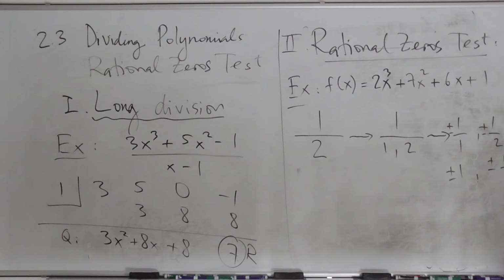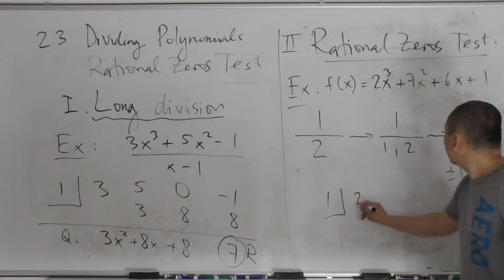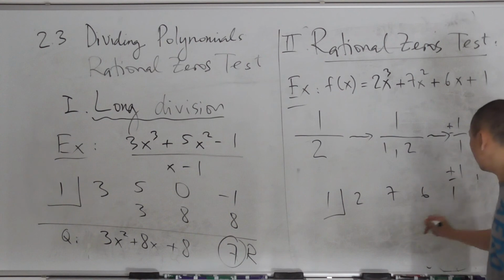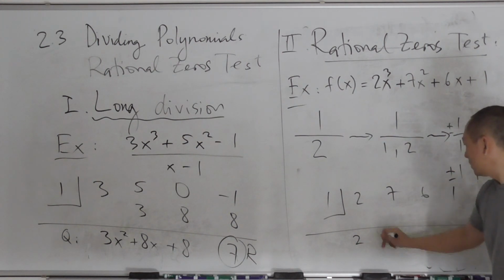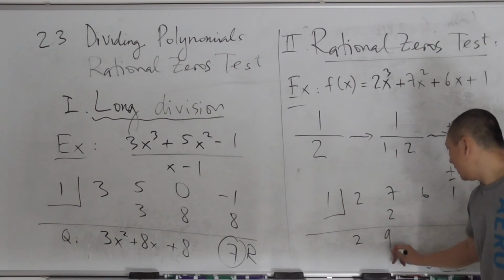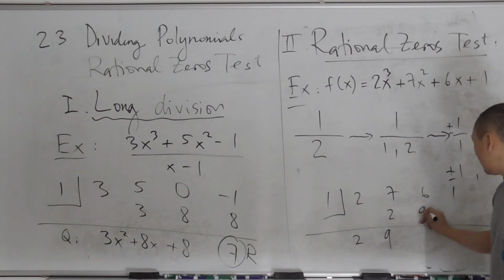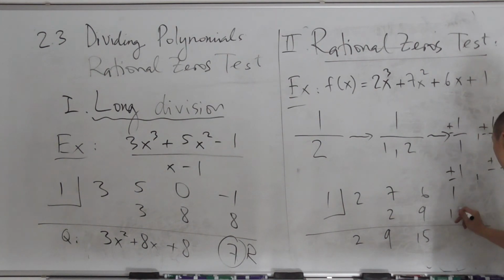And how do we test? We're going to use synthetic division to test. Let's try 1 and see if it works. 2, 7, 6, 1. 2 down. 2 times 1 is 2. 7 plus 2 is 9. 9 times 1 is 9, plus 6 is 15. 15 times 1 is 15, plus 1 is 16.